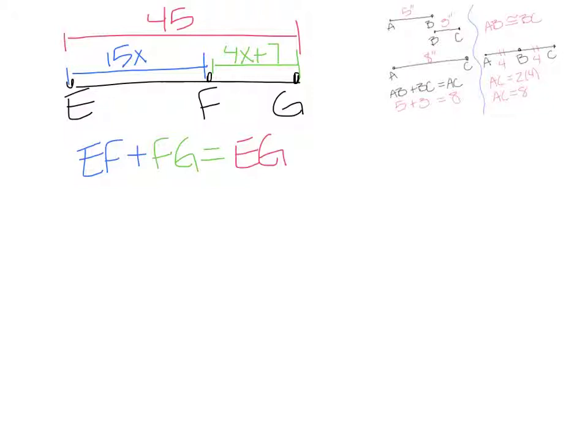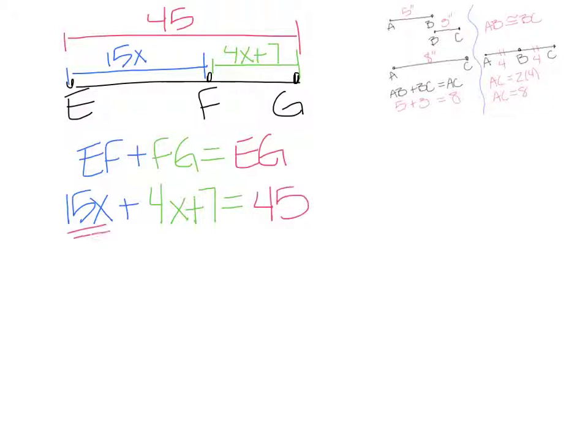So we can go ahead and plug in the values that represent each of those segments and solve for x, plug it back in, and find the length of both EF and FG. So EF is 15x, FG is 4x plus 7, and EG is 45.